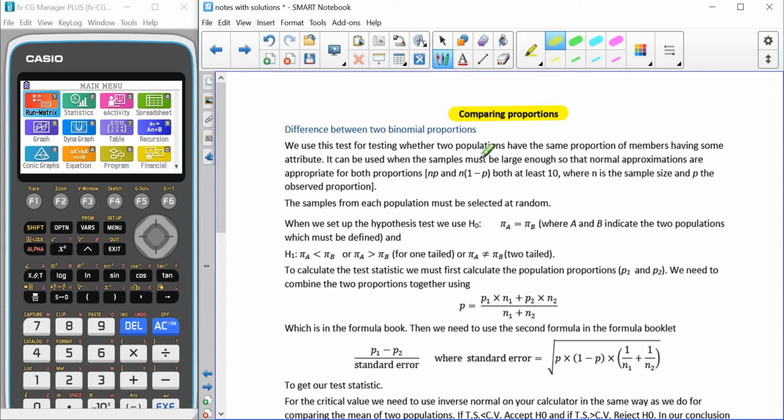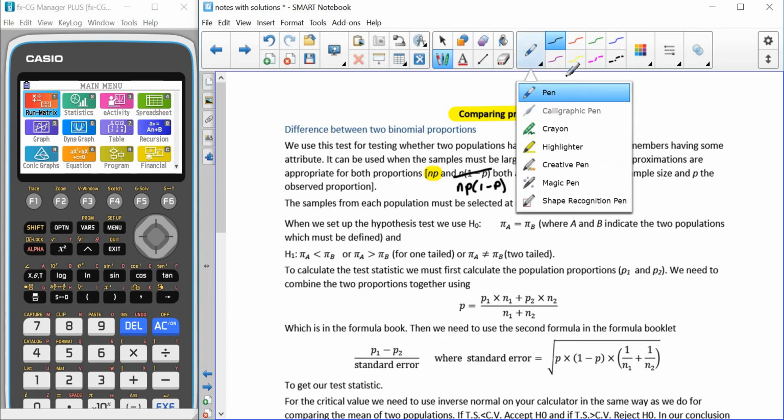It can be used when the samples are large enough so that the normal approximation is appropriate. That means that we need both NP and N(1 minus P) to be at least 10.